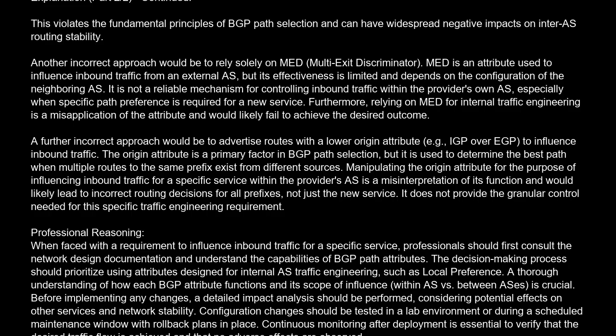Before implementing any changes, a detailed impact analysis should be performed, considering potential effects on other services and network stability. Configuration changes should be tested in a lab environment or during a scheduled maintenance window with rollback plans in place. Continuous monitoring after deployment is essential to verify that the desired traffic flow is achieved and that no adverse effects are observed.